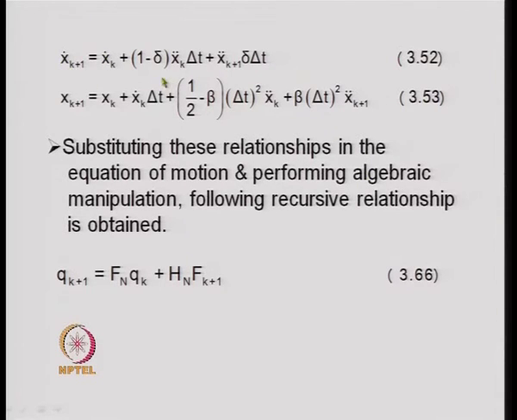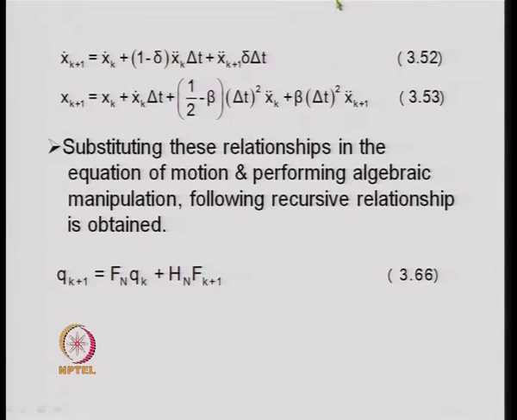Only thing what has been done over here is that instead of a constant acceleration that we assume over the time interval, here the acceleration is varying from k to k plus 1. So, that varying acceleration is considered with the help of this particular formulation. That is, here we assume that the acceleration is varying linearly.